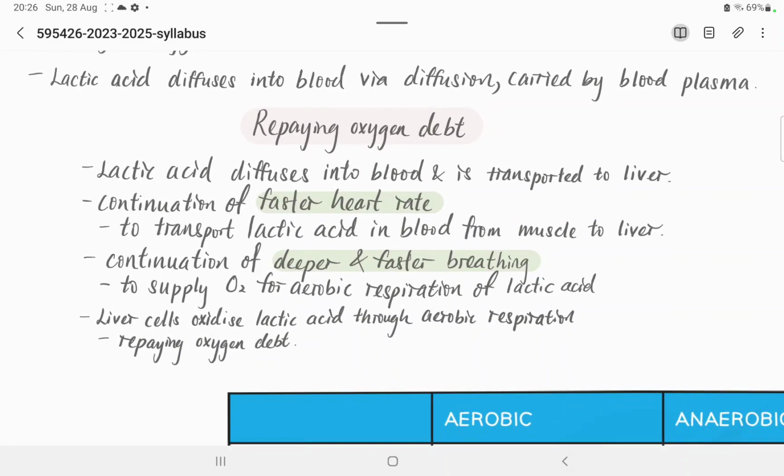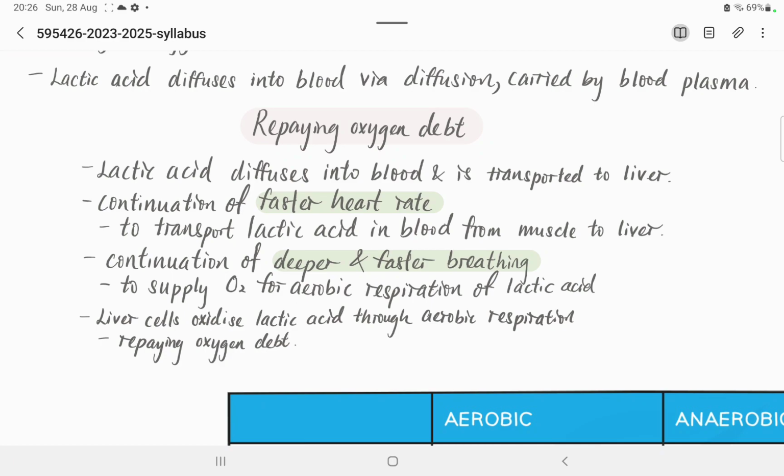So lactic acid diffuses into blood and then transport to liver. Okay, and then second point, faster heart rate. This is to transport lactic acid in blood from muscle to liver so that they can move to liver faster, and then deeper and faster breathing is to supply more oxygen for aerobic respiration of lactic acid.